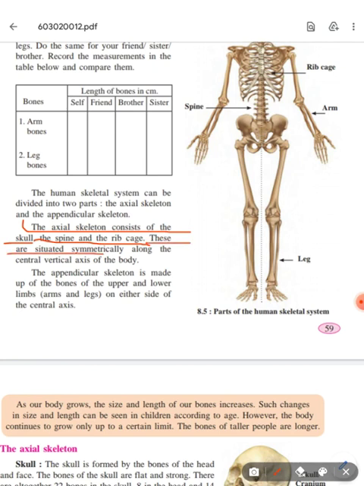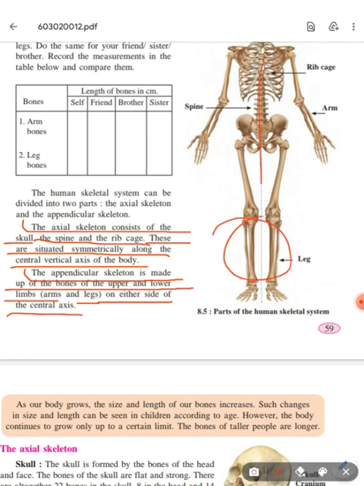These are situated symmetrically along the central and vertical axis of the body. The appendicular skeleton is made up of bones of the upper and lower limbs, arms and legs, on either side of the central axis.